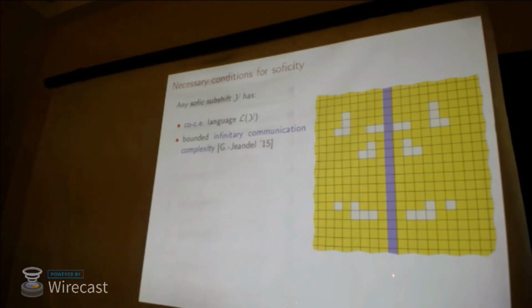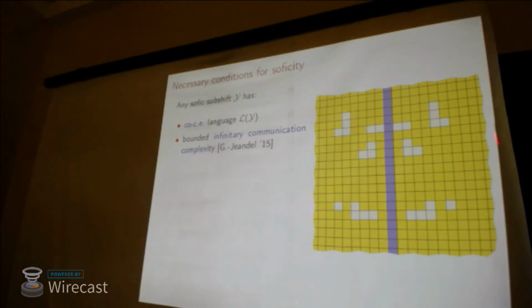since the subshift has to be a projection of a subshift of finite type, then Alice and Bob cannot share too much information with each other. If they need to share too much information with each other in order to know whether the configuration is in the subshift, then the subshift is not Sofic.